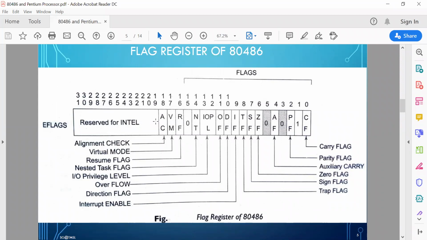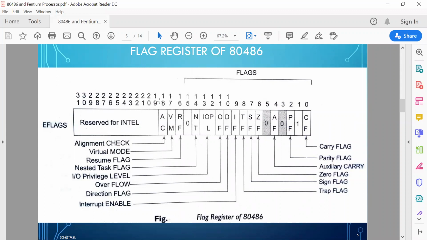You don't need to go beyond that segment limit, which is not present inside your address range. If such an address is given, you do not have that memory location in your memory space, but if you try to access it, this is called one type of misalignment address. This can be checked using the flag called the alignment checking flag.